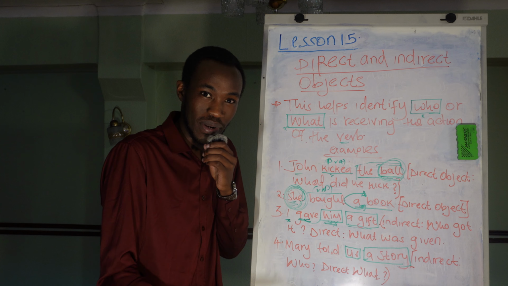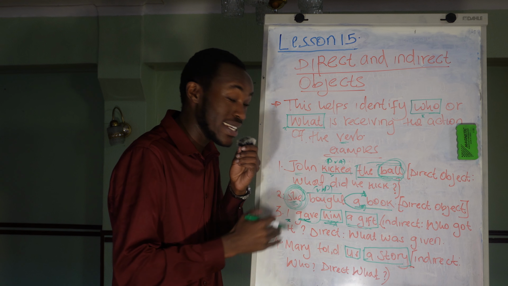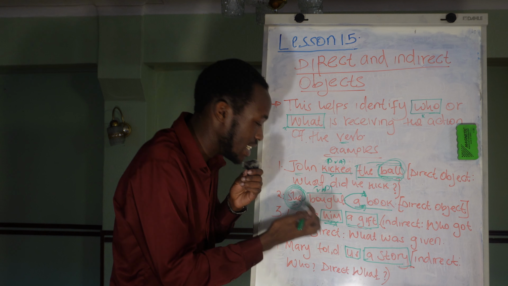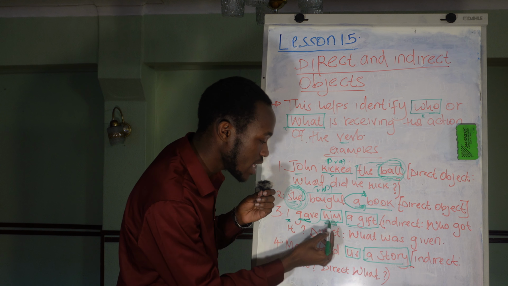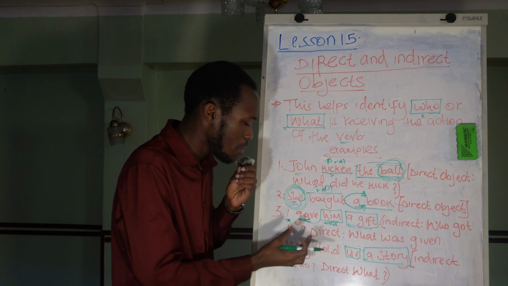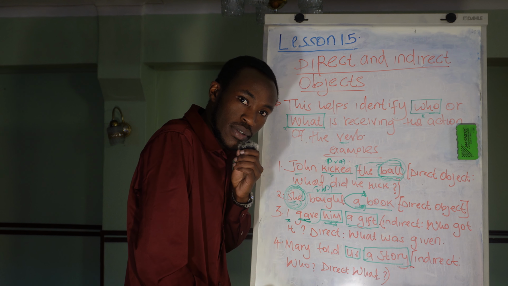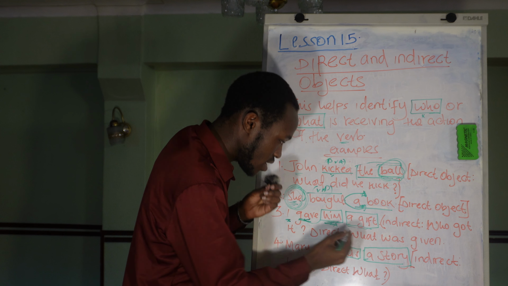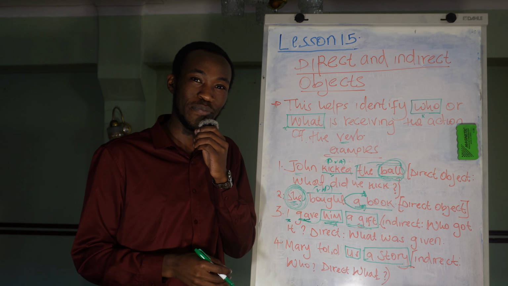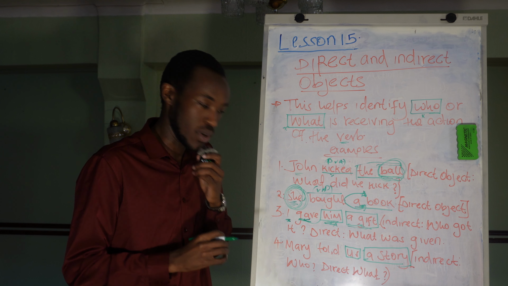And now it is simple. Once we have identified the direct object, knowing the indirect object is simple, so him will be the indirect receiver, the indirect object. So in this sentence, I gave him. Him is an indirect object. Him is not affected by the action. Him is affected by what? The gift. I gave a gift. So gift will be our direct object and him will be our what? Indirect object.